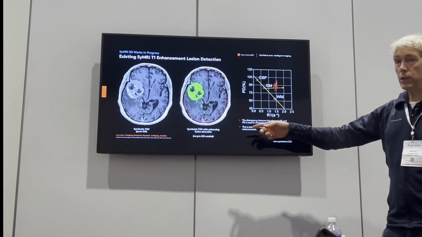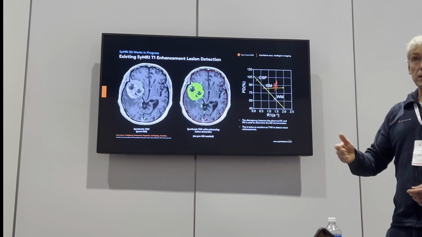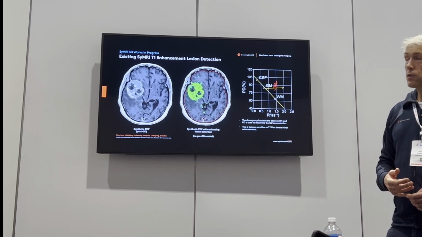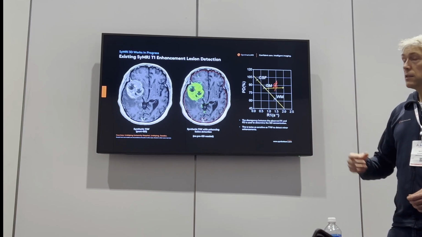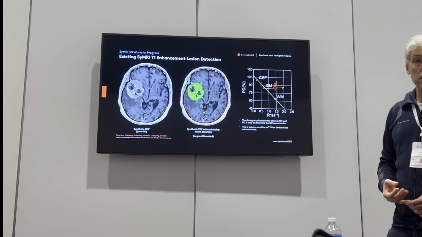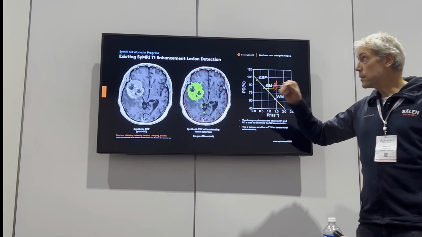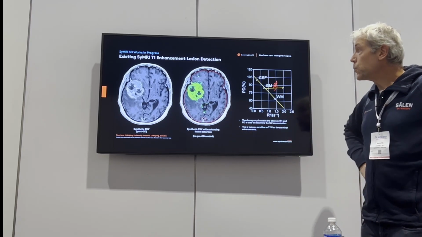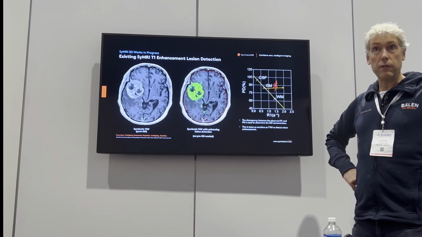Mind you, a T1 weighted image is a saturating image. I mean, it's saturated because of all the flip angles. So it's not that sensitive in the higher ends. This is purely linear. So any change in R1 is actually a change due to gadolinium. So I think this is going to be really interesting to find small enhancements, and maybe a method to reduce the dose of gadolinium.